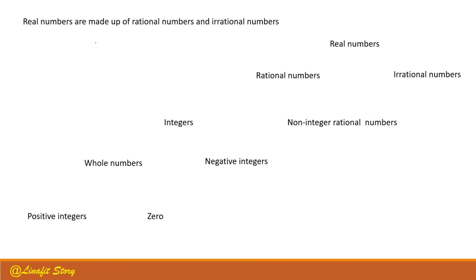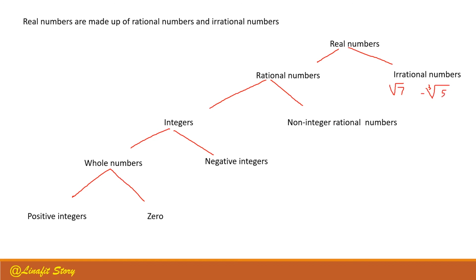Real numbers are made up of rational numbers and irrational numbers. Rational numbers are made up of integers and non-integer rational numbers. Integers are made up of whole numbers and negative integers. Whole numbers are made up of positive integers and 0. Examples of irrational numbers are square root of 7 and the cube root of negative 5.